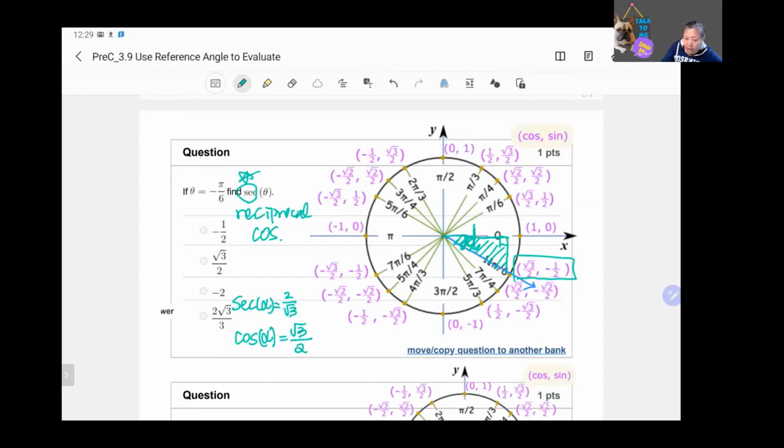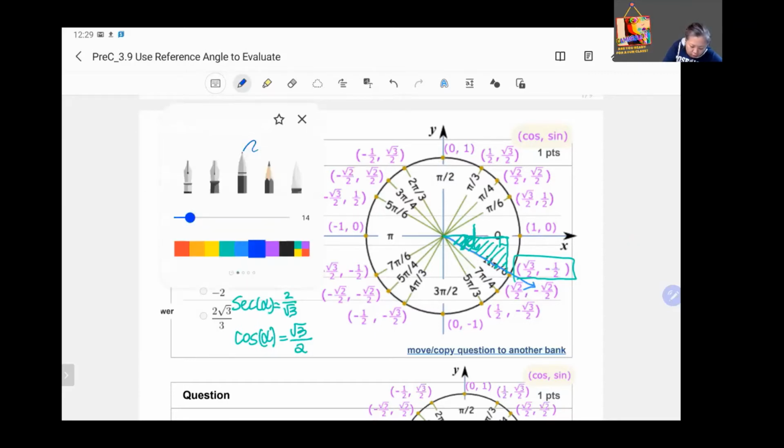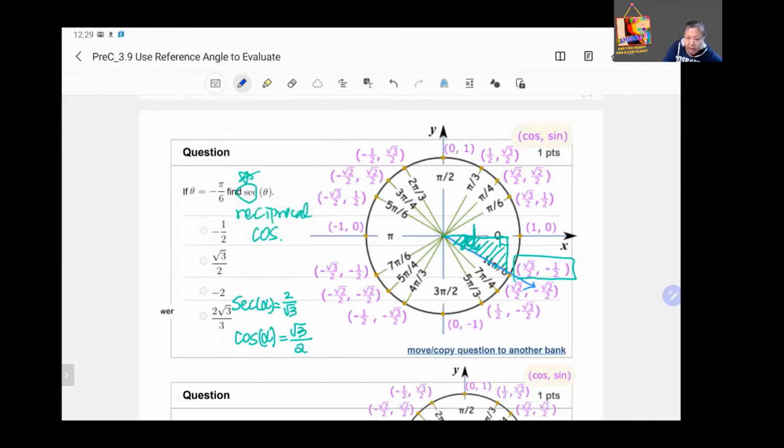But the problem is, I don't directly see the choice among these options here. But look closely. When you know for sure the exact value is 2 over radical 3, then one procedure that we discussed 2 weeks ago is rationalization. We're not supposed to put a radical number on the denominator, so we want to rationalize the fraction.